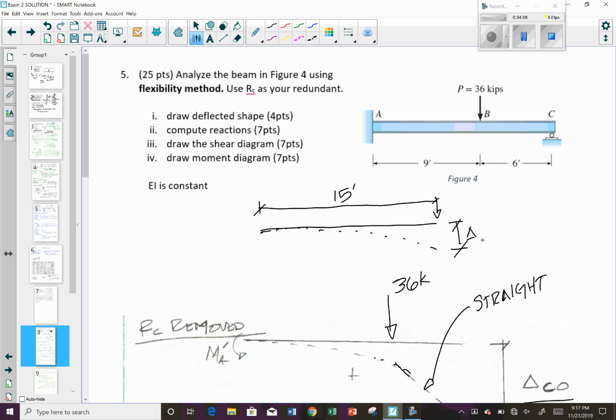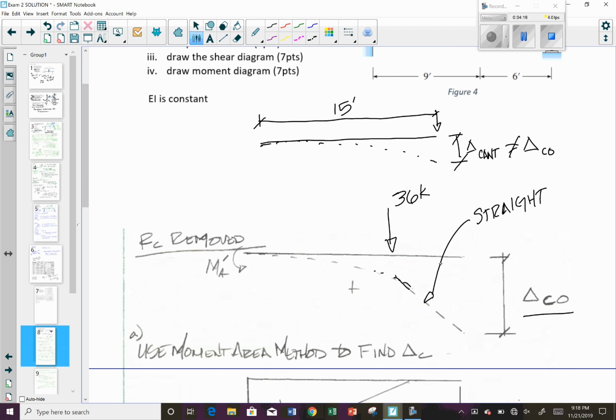deflection. This deflection, let's call this cantilevered, is not equal to the deflection at C over here with the point load moved in. So as you can imagine, it should be less, right? Because at this point, it's just tangent. Whereas this one has its own curvature within it.